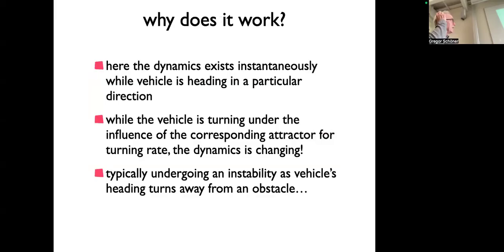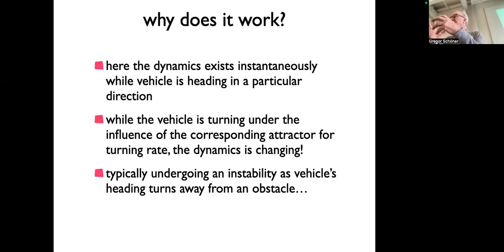Good, so this works, and so just a moment of reflection. Why does it work? What does it do? This is a system that is always in or near an attractor of turning rate, right? It's easy when the turning rate is 0, it's flying straight. But when it is turning, it is in an attractor for turning rate.